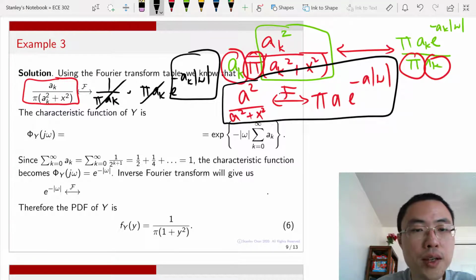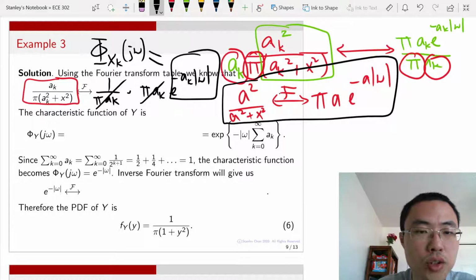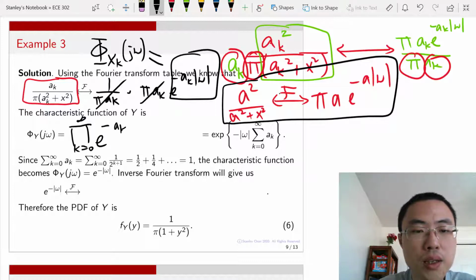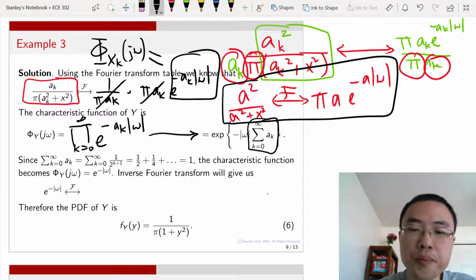Alright, so we have found the characteristic function of xk of j omega, which is equal to this expression. And so the characteristic function of y is just the product of all these terms. So you take the product of k going from 0 to infinity of e to the minus ak absolute omega. And that is exactly the same as e to the power minus absolute omega times this infinite sum.